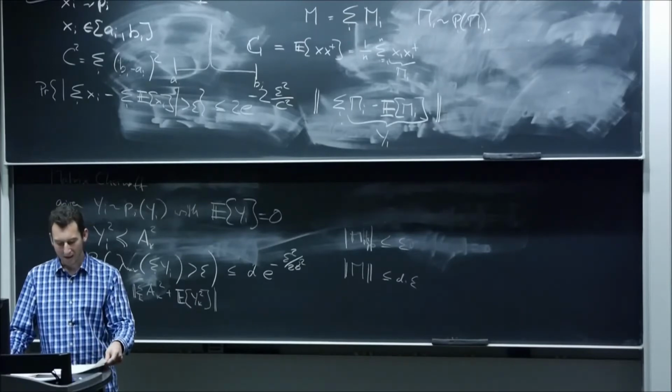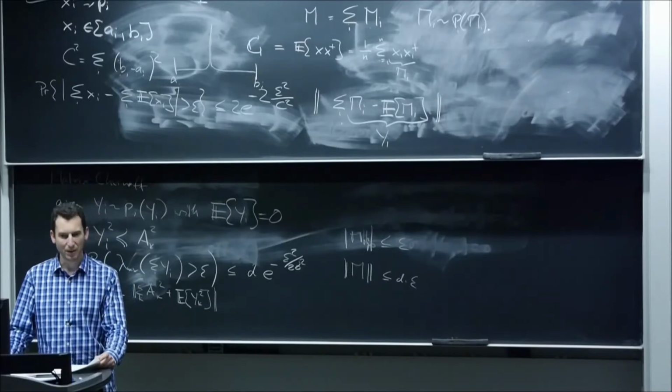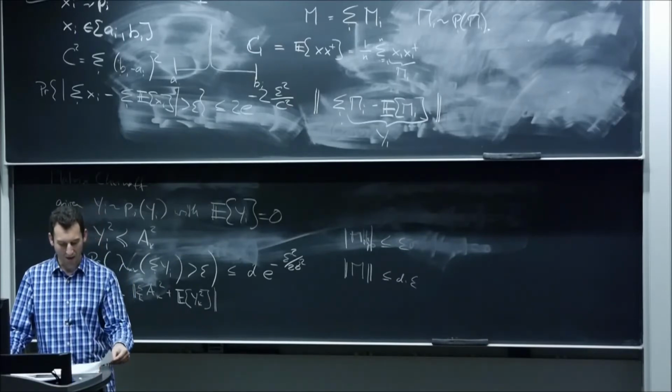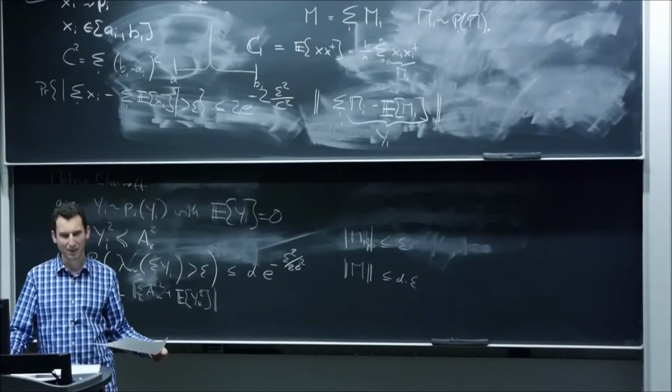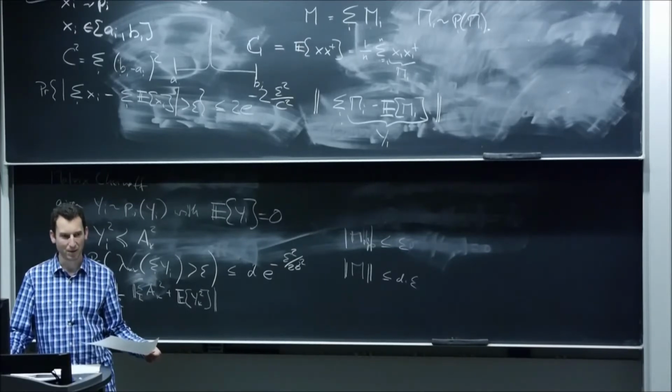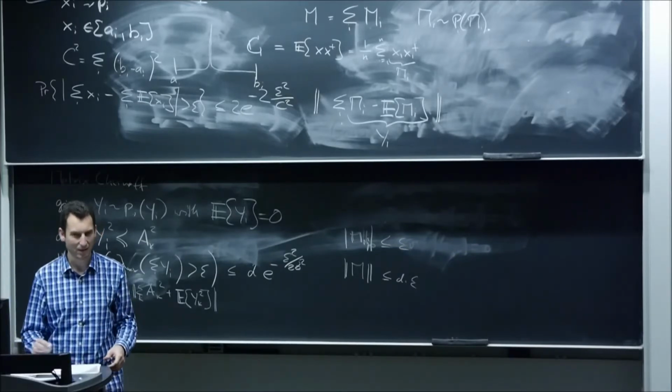So that's as much as I wanted to say about matrix Chernoff. The reason why we actually looked at that is because when we do random kitchen sinks, we effectively end up dealing with such quantities and also other random function classes.